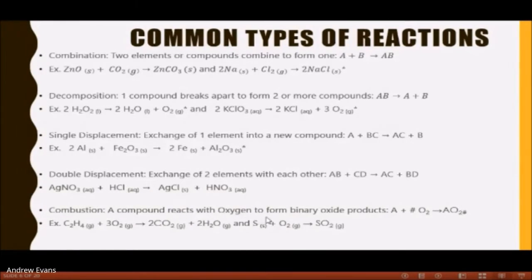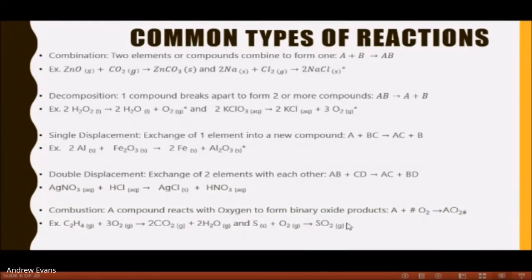And finally, combustion reaction. A combustion reaction is a special type of reaction where a compound reacts with oxygen to form an oxide of some sort. So carbon plus hydrogen and oxygen form carbon dioxide and hydrogen dioxide. Dihydrogen monoxide. Two types of oxides. But you could also have sulfur burn in the presence of oxygen to form sulfur dioxide.